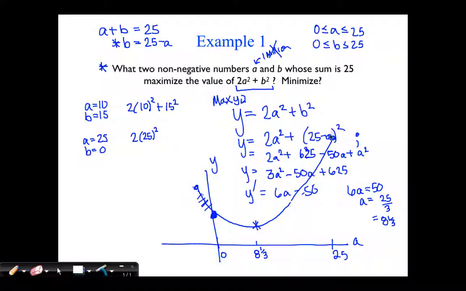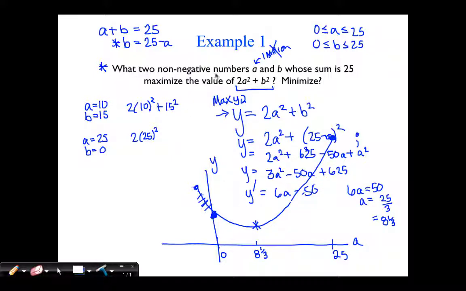And our maximum is going to happen when a is 25, because this y, this dependent value, is the sum that we're supposed to be maximizing. And how I know that this endpoint's higher than that endpoint is knowledge of parabolas. The vertex is closer to the one on the left, so the right end has gotten a chance to go up farther. But you can check in testing when a is 0, when a is 25, and when a is 8 1/3.